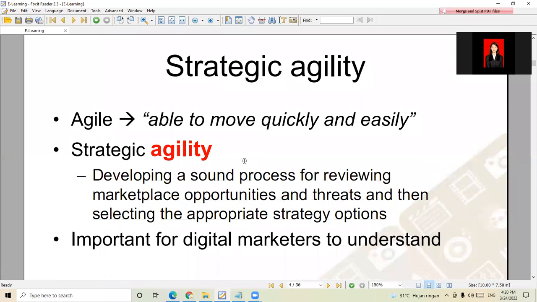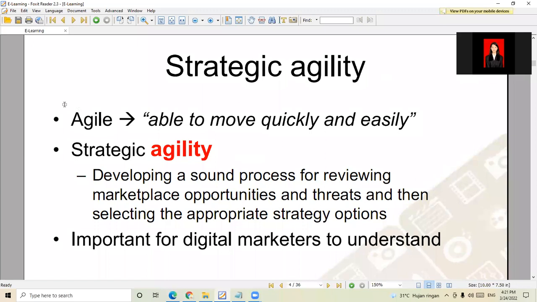So if technology and economic condition factors are constantly and rapidly changing throughout time, how can the company deal with that? One way for the company to deal with the change in the environment is through what we call strategic agility.